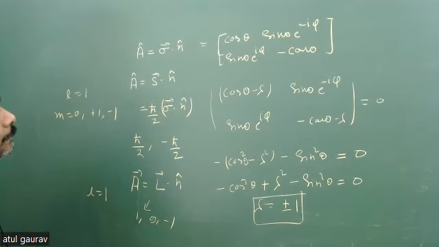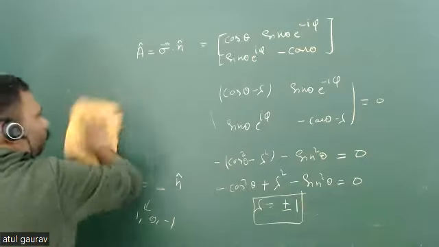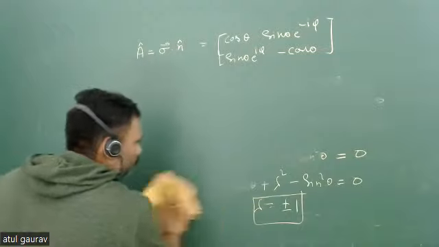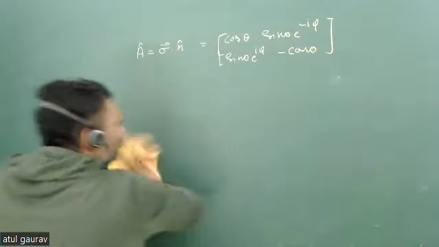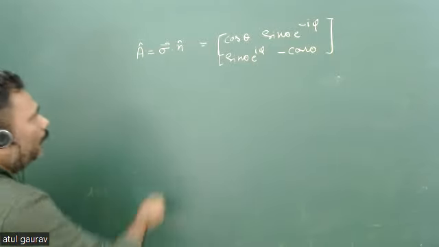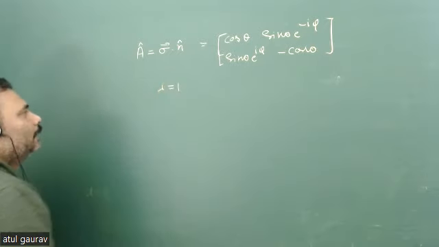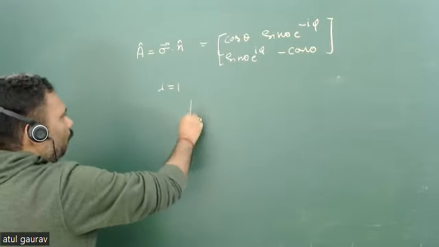Let's go. So suppose lambda is equal to 1. I will calculate for 1, and for -1 you write it as homework. I will just directly write it. So for lambda is equal to 1, we want to find the eigenvector.